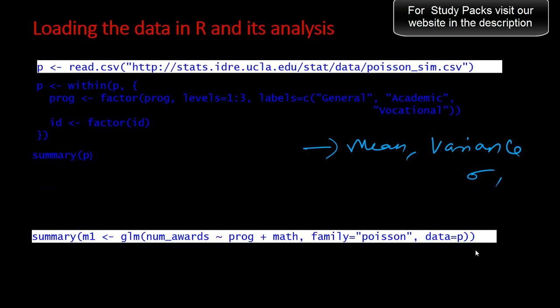So we'll go ahead with importing the data, and then we'll do the exploratory data analysis to understand the distribution of the data, whether it's actually fitting a Poisson distribution or not. Just look at the mean and variance, and you will get to know if they're similar, and that's when you are sure that you are good to go with a Poisson regression model.